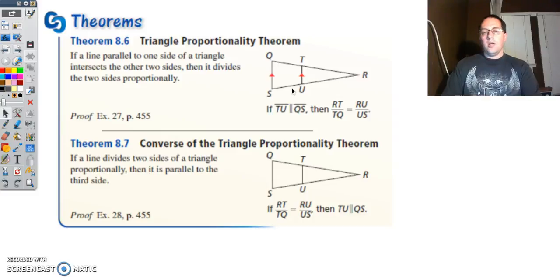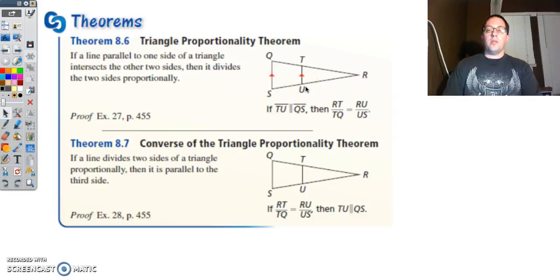Now obviously, when we have this parallel line here, it creates two similar triangles, right? Because these angles are congruent, being corresponding angles with parallel lines, we've got angle-angle similarity.